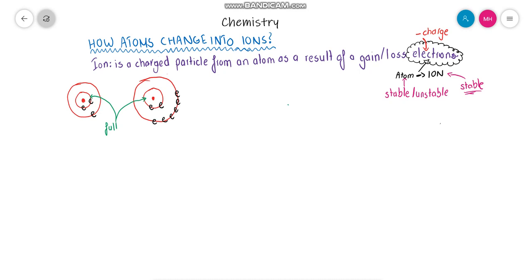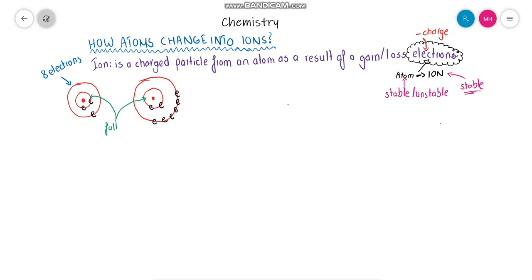The outer shell, however, is unstable, so their outer shells are unstable. There are two cases, and each one does something different. As we said, the first shell takes in 2 electrons and the rest take in 8. Now the question is, what will it do?